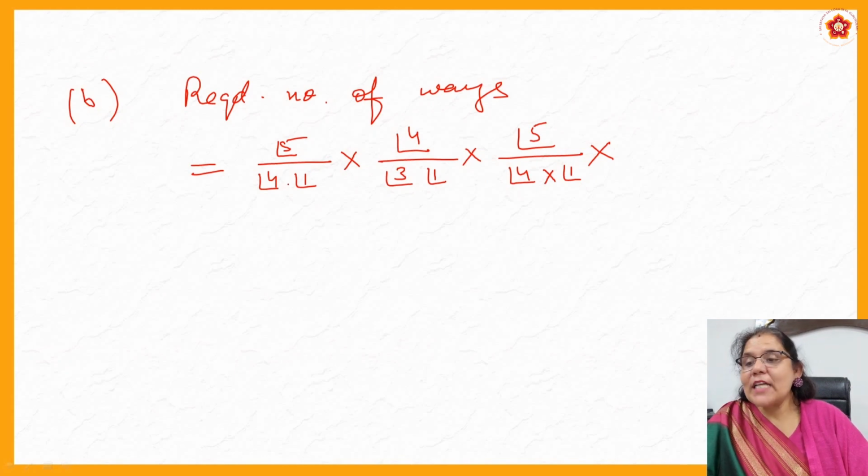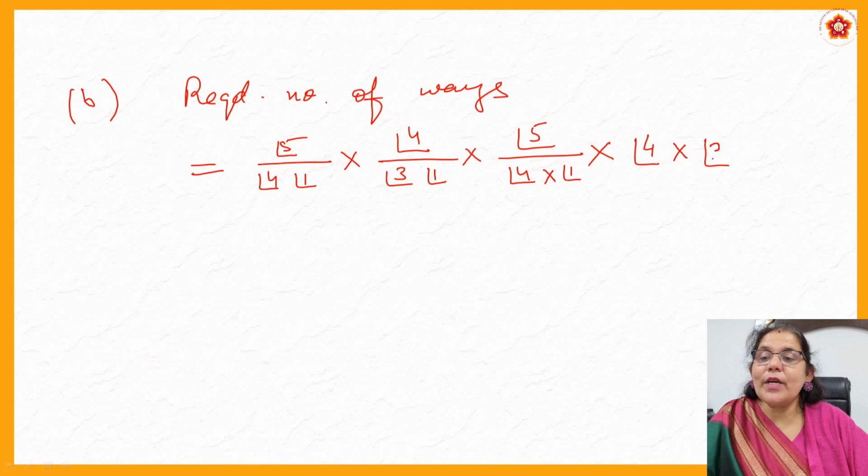The 4 maths books, in how many ways can those 4 maths books be arranged? So 4 math books can be arranged in factorial 4 ways. 3 physics books, they can be arranged in factorial 3 ways. And 4 chemistry books can be arranged in factorial 4 ways.